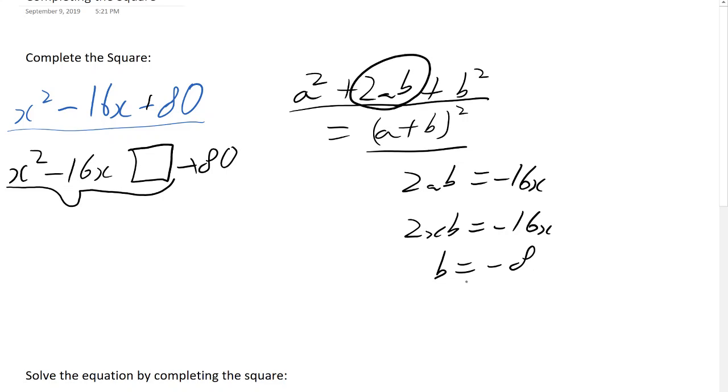And now that we have b, we know our third term. Third term is just b squared, so negative 8 squared, which is 64. So plus 64.